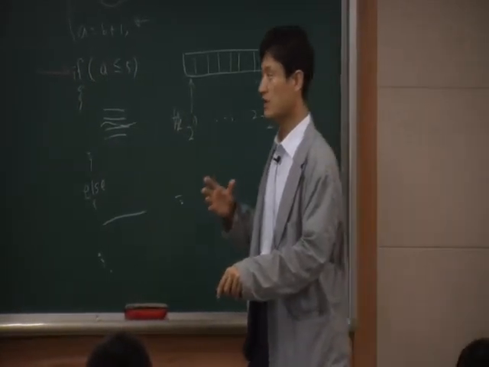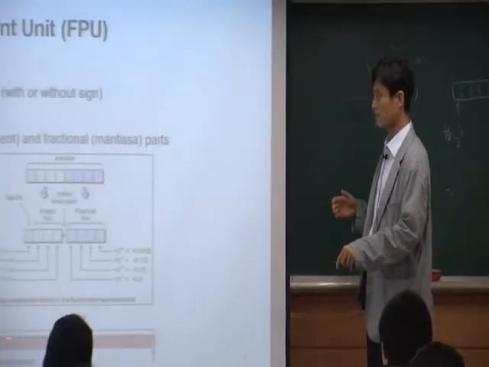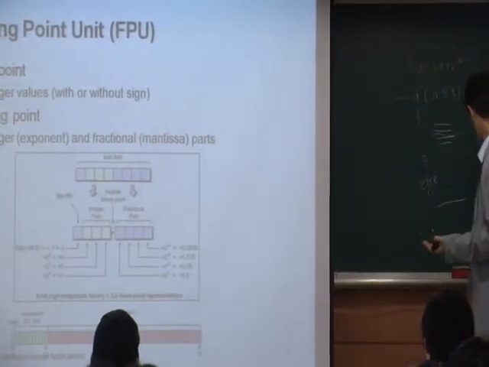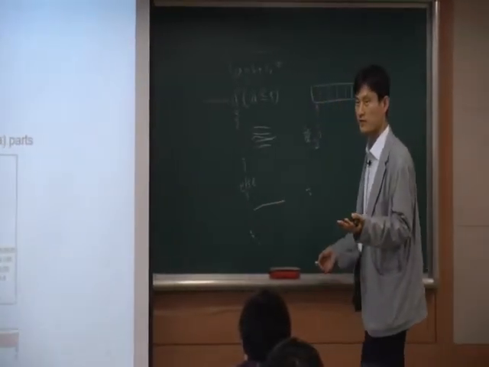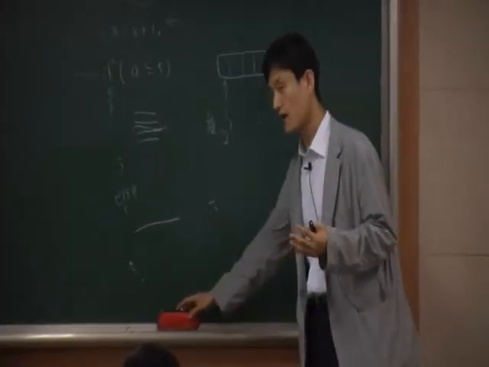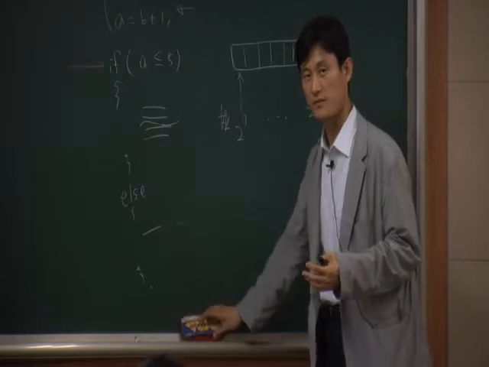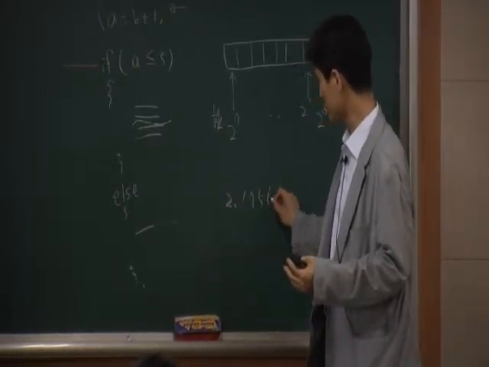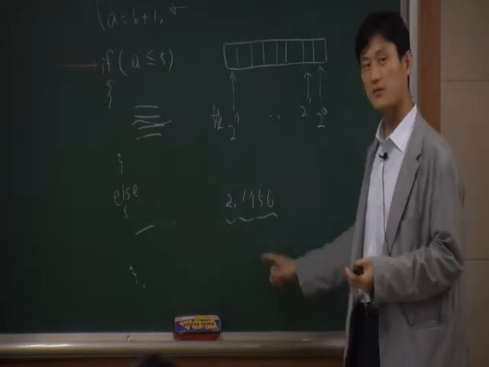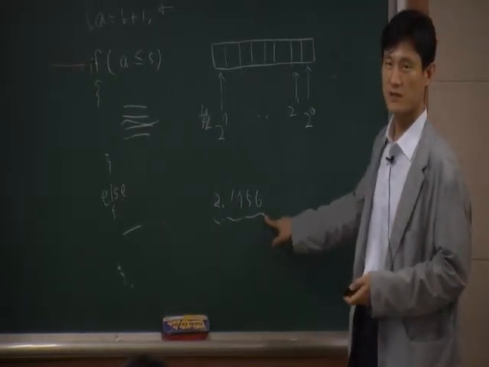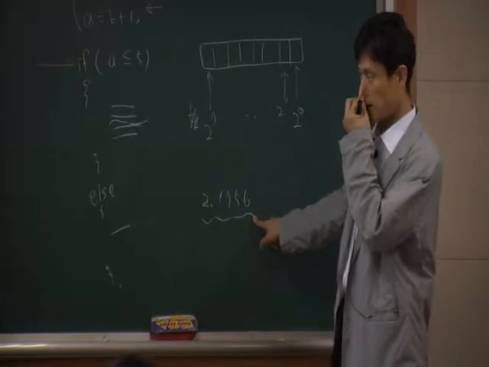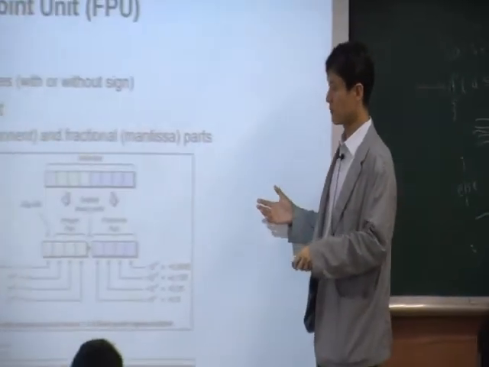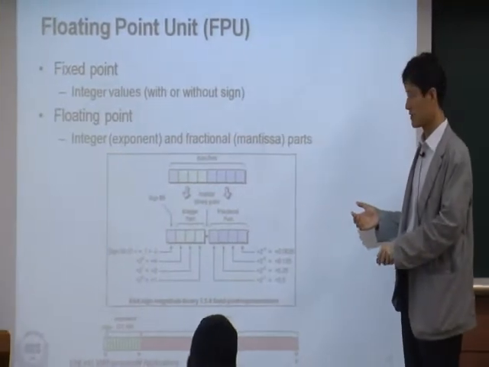The reason we need a floating point DSP is that sometimes you want floating point values, meaning fractional values, like 2.1756. Many times you need this, so some of the DSPs support floating point expressions.